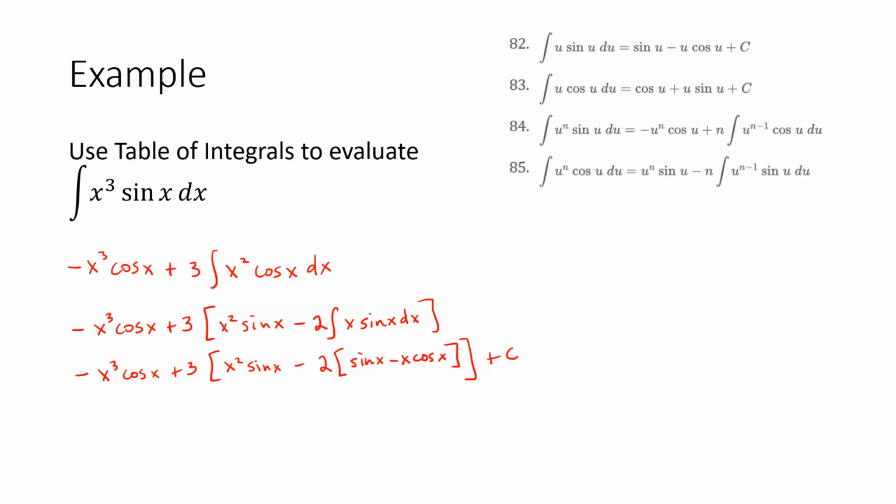Okay, so now I'll just distribute some stuff out. So we'll have plus 3x squared sine x. And then here we'll have 3 times minus 2, so minus 6. And then distributing into there, we'll have sine x plus 6x cosine x. And there we have it.